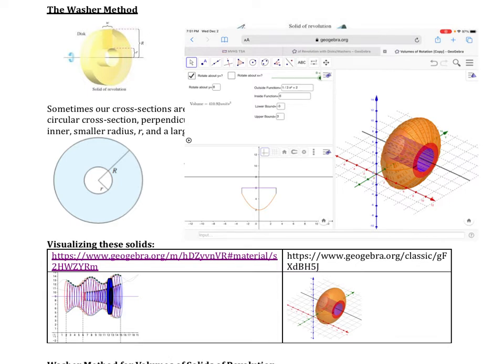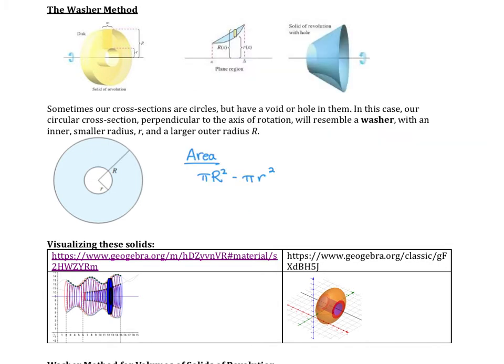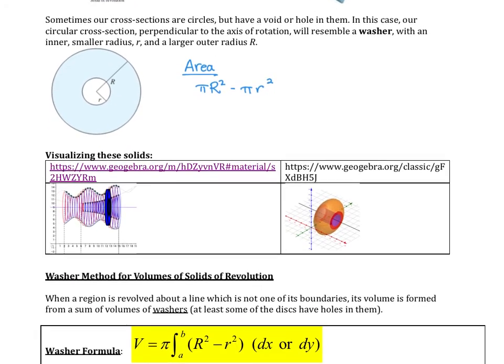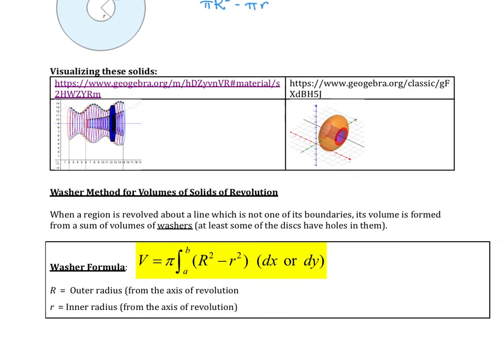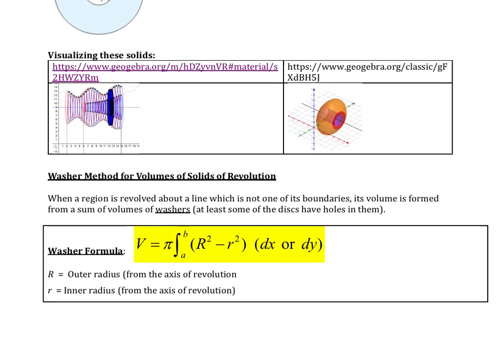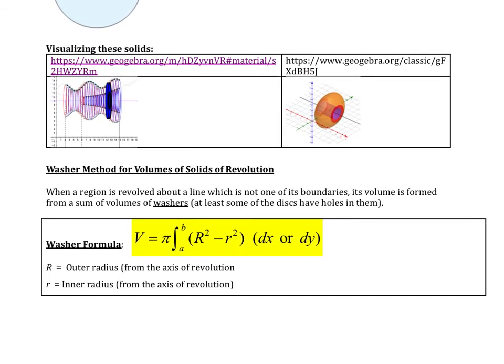Using that washer shape, the first GeoGebra that's listed actually shows the washers, and you can play with the size of the washers a little bit. That's fun too. It just wasn't loading as well. We want to talk about the volume of the solid of revolution here.